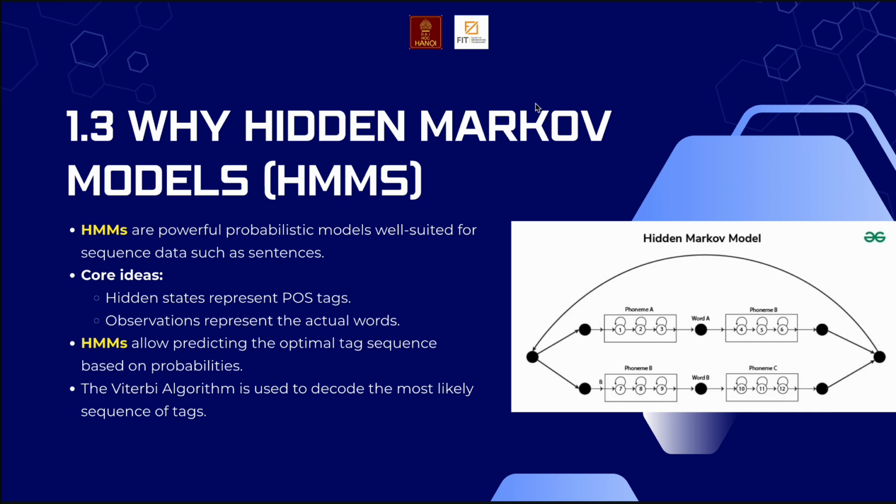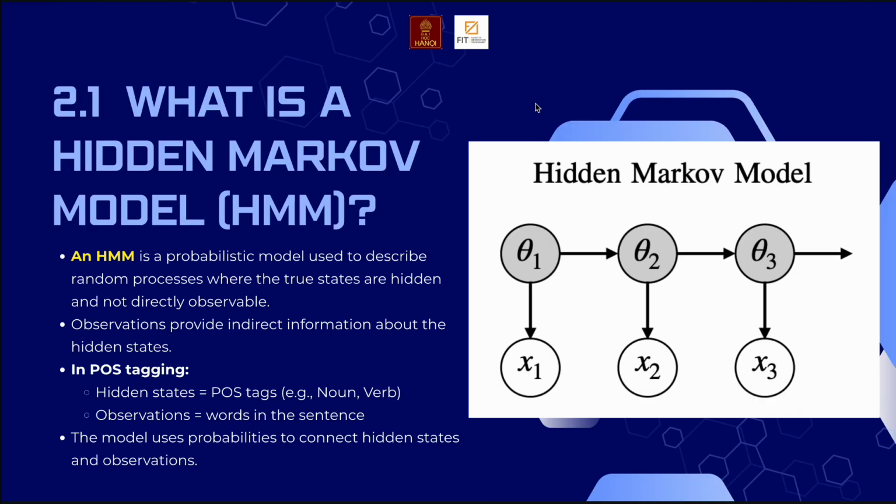Now, let's get into the theoretical background. In this section, I will explain the theoretical foundation behind our implementation. Firstly, what is a hidden Markov model? An HMM is a probabilistic model used to describe random processes where the true states, the hidden states, aren't directly observable.